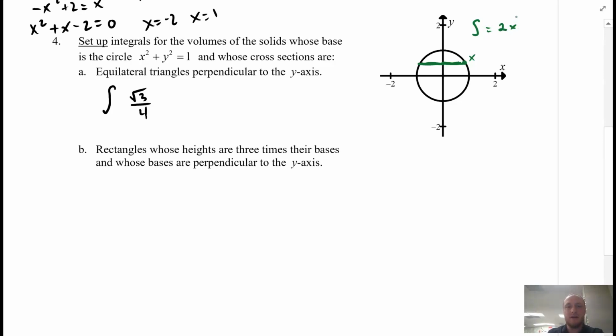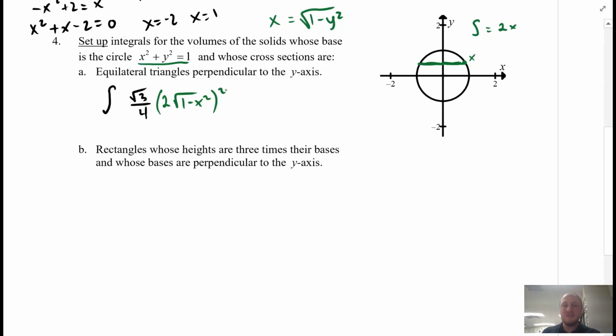And so we need to take our formula, x squared plus y squared equals 1, and solve for x. So x squared is going to be equal to 1 minus y squared, and then I'll take the square root. So I'm going to drop in 2 times the square root of 1 minus y squared, and then we're going to square that quantity.